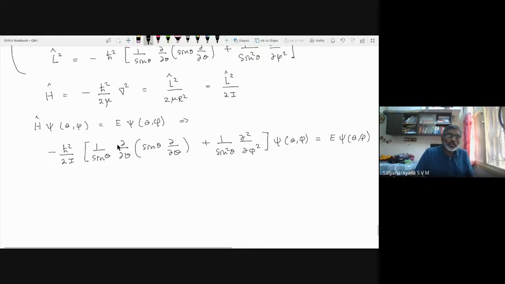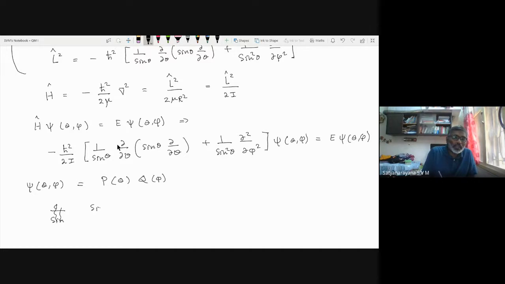Now let me do this separation of variables, at least in this case, so that you have seen it once. I can write psi of theta comma phi as P of theta and Q of phi. I multiply this entire thing with sine square theta.